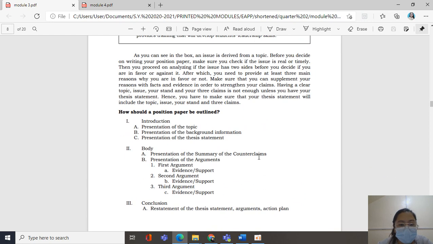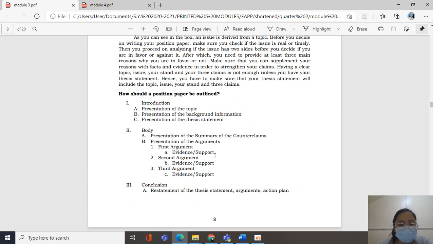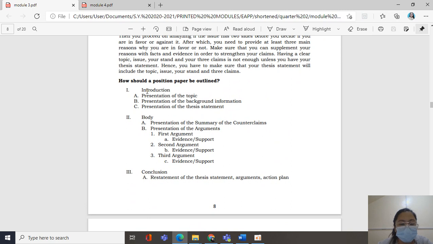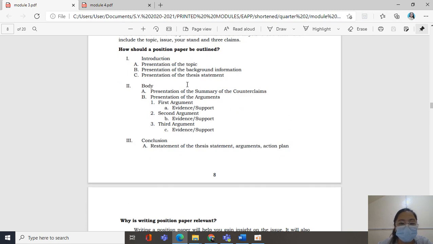Alright, and then here is the outline for your position paper. So please be guided with this. Again, in your introduction, there is the presentation of your topic, the background information of the topic, and the thesis statement. And in the body, just follow this outline. You have here the presentation of your argument.